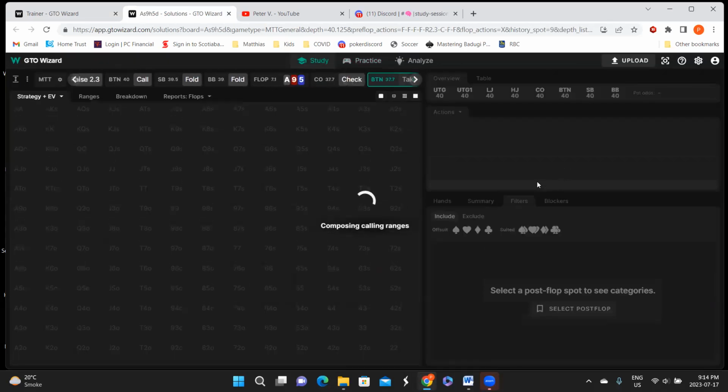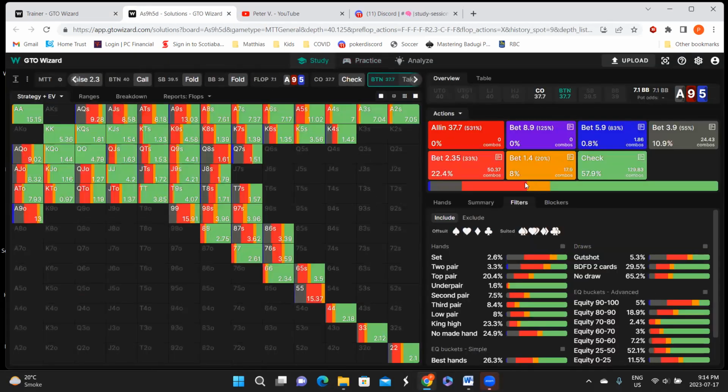So let's take a peek at that range here, because this is a spot where our range is going to want to bet. We're gonna bet about 40% of the time, 60% of the time we're gonna check on that board.